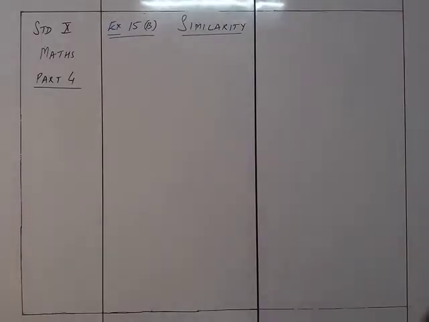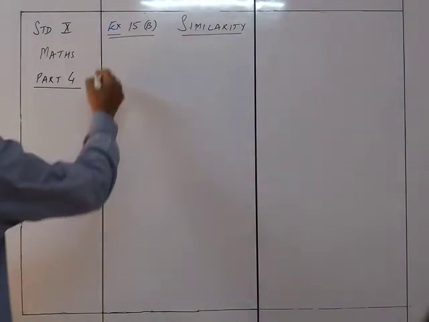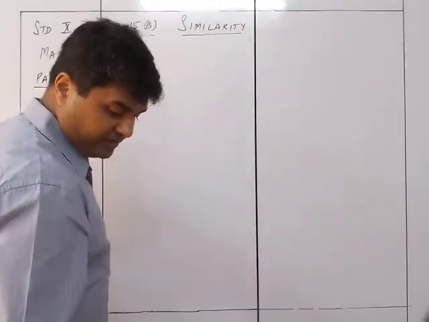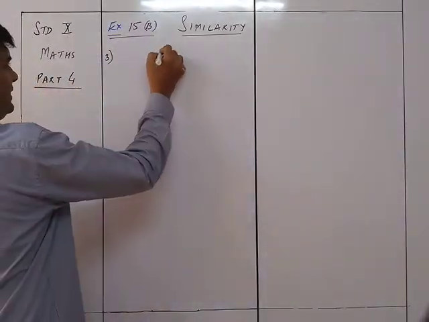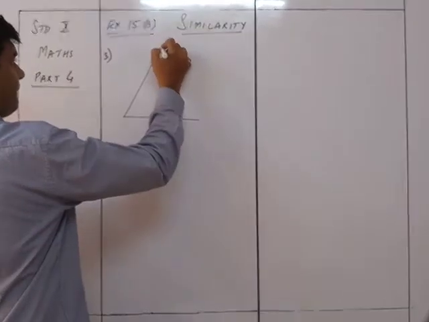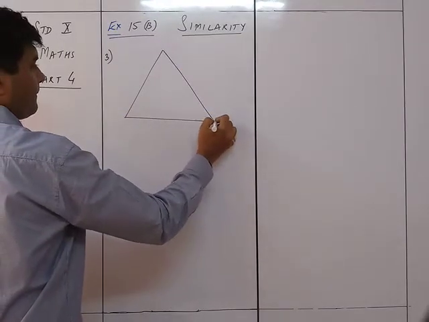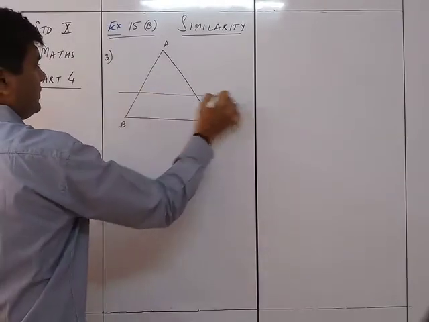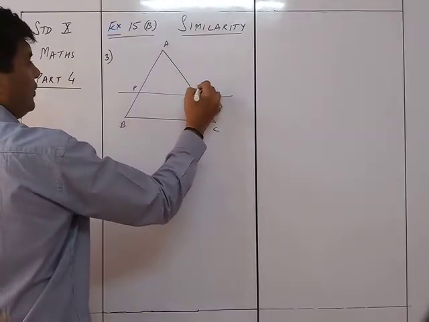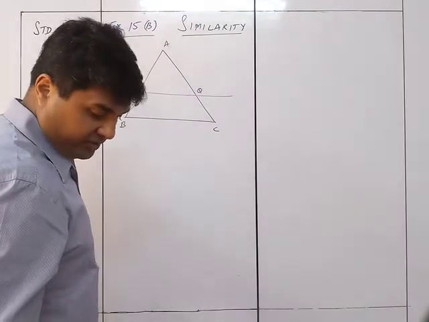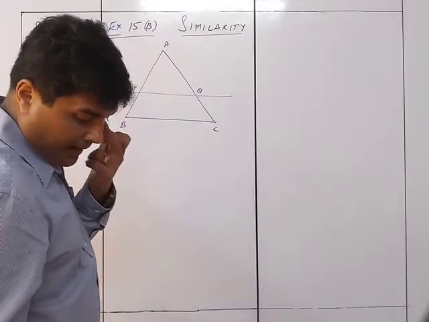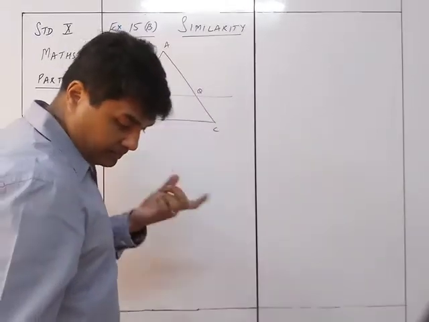A line PQ is drawn parallel to the side BC of the triangle ABC. So it's triangle ABC, and PQ is drawn parallel to side BC of triangle ABC, which cuts the sides AB at P and AC at Q.